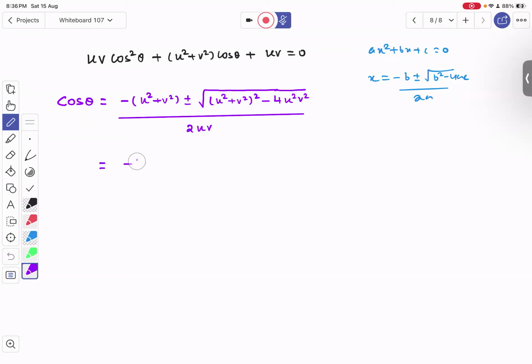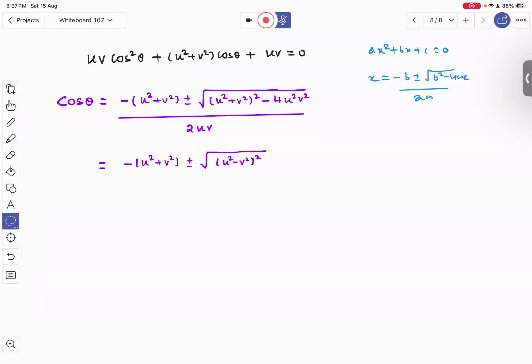So after that, if you simplify, let's see what it is going to become. The thing inside the root, you will realize, you check on your own even, upon simplification will become u square minus v square whole square. Correct or not correct? You check it on your own.